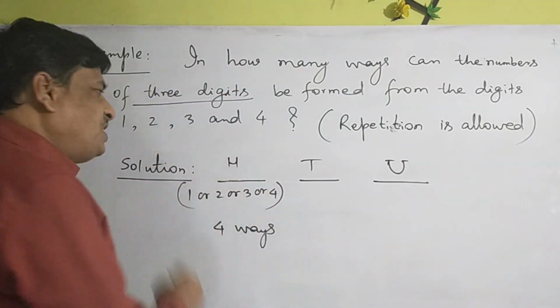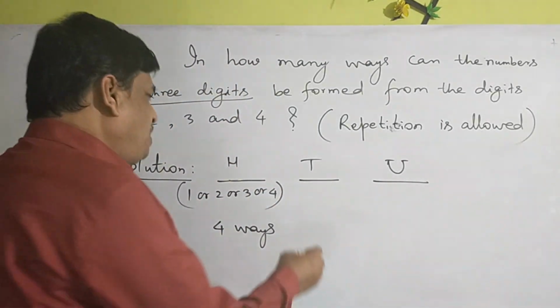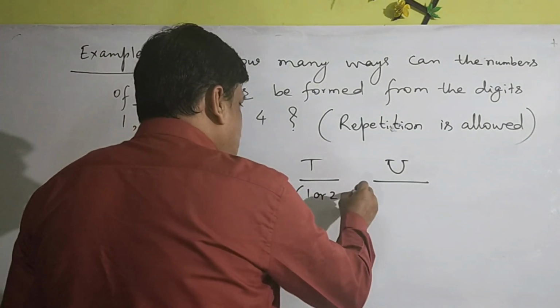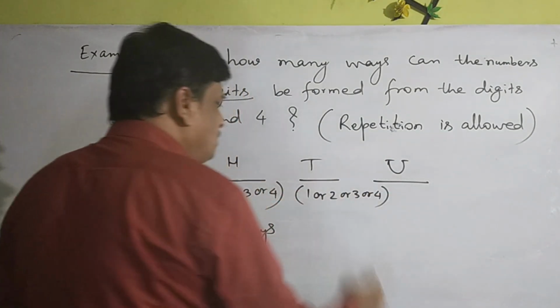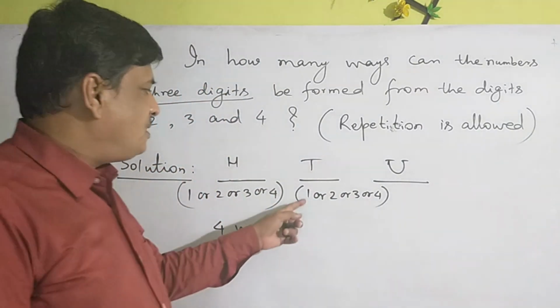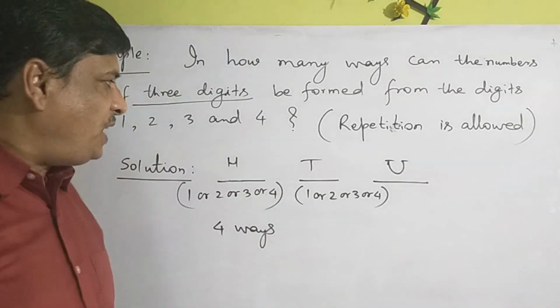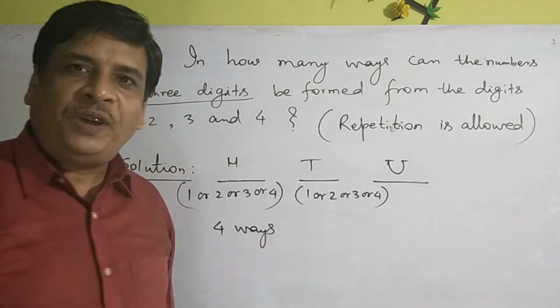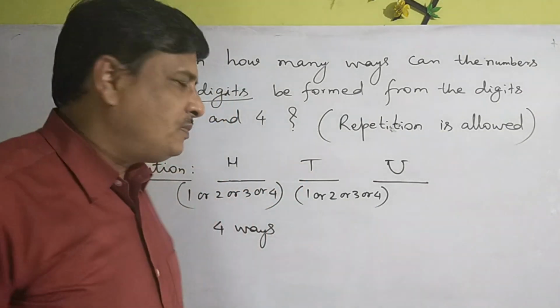As we can repeat the digit, for the tens place also we have the digits 1 or 2 or 3 or 4. We can use any of them to fill up the tens place. So how many ways do we have to fill up the tens place? 4 ways.